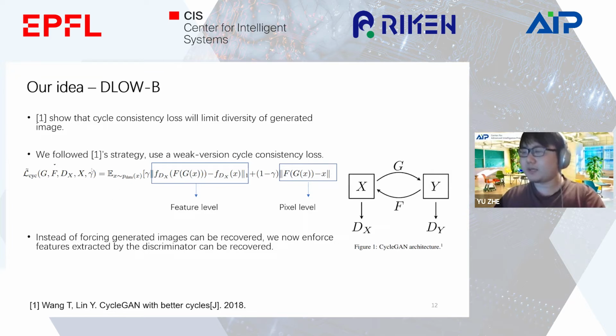As this equation shows, it has two terms. For the first term, we want to enforce feature level recovery. We want the features extracted by the discriminator DX to be recovered. The second term is like the original cycle consistent loss. We force the pixel level recovery.